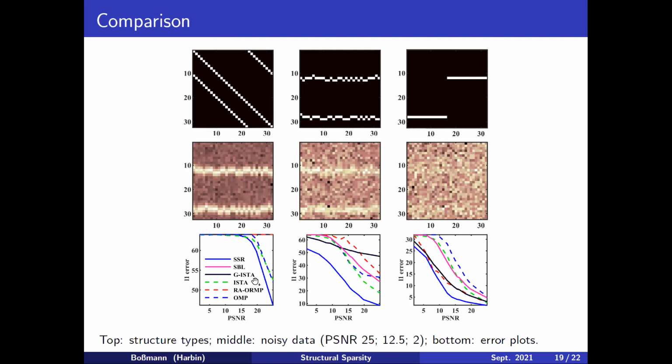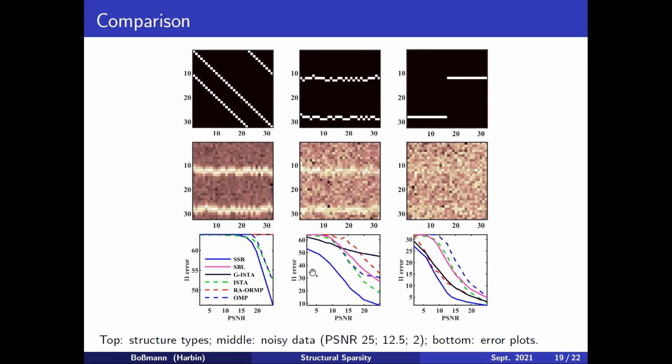The G-star is the same algorithm, but for multiple measurements, so this is applied per matrix. The same here, we have orthonormal matching pursuit and a multiple measurement version of orthonormal matching pursuit. And then we also have some sparse Bayesian learning algorithms. So different techniques designed for basically row sparsity or single measurement cases.